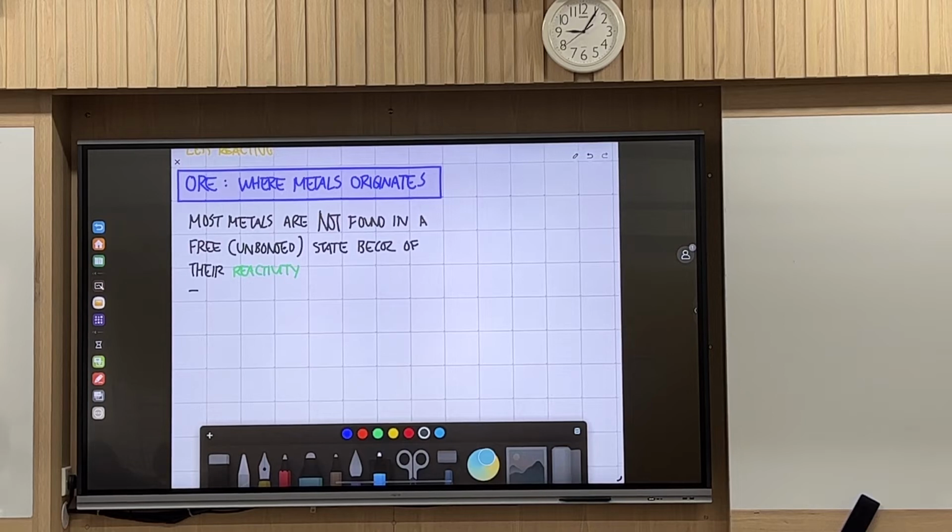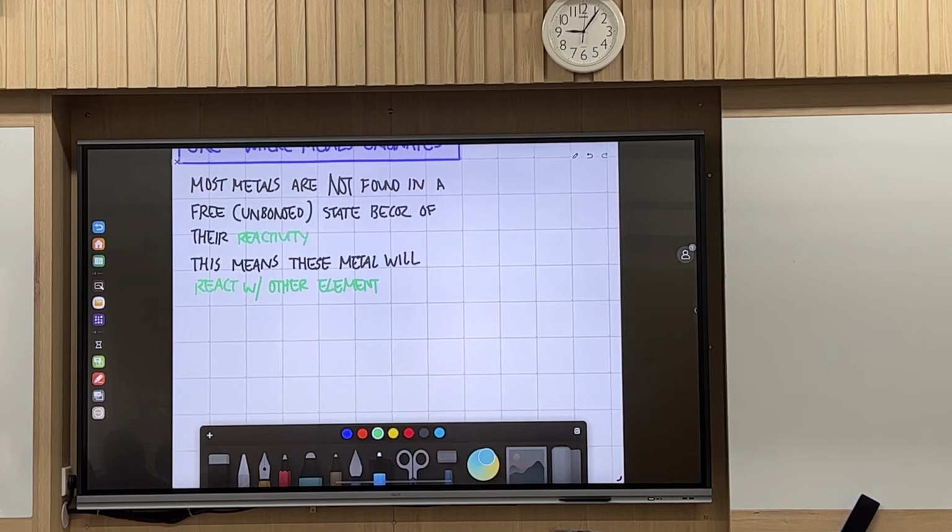So this means these metals will react with other elements, such as O or S, to form compounds like oxide or sulfide.